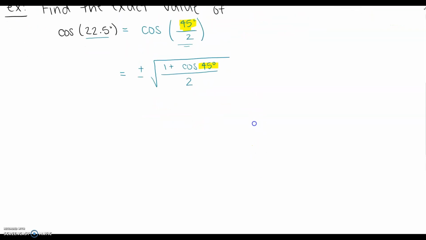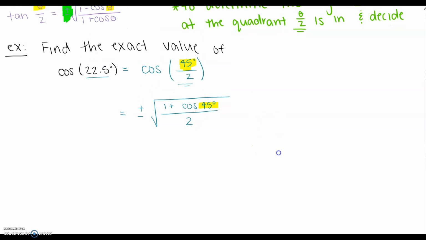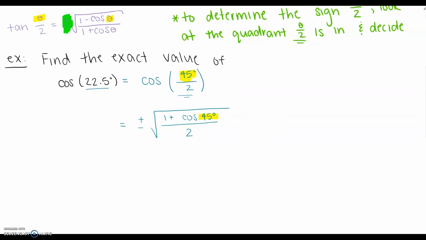Now I need to decide if it's positive or negative. So remember, I'm going to look at theta over 2. And because it's 22.5 cosine, it's going to be positive.